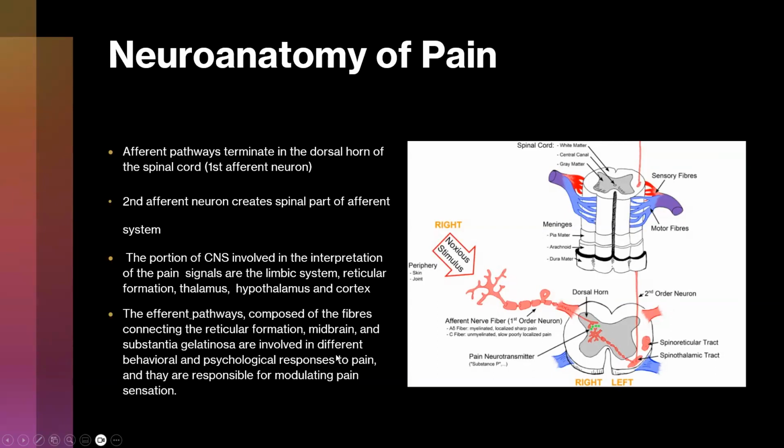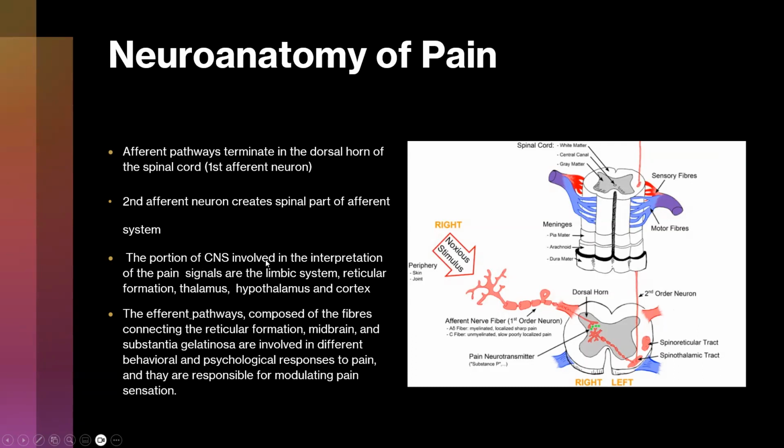Afferent pathways terminate in the dorsal horn of the spinal cord, that is the first afferent neuron. The second afferent neuron creates the spinal part of the afferent system. This is the synapse over here.